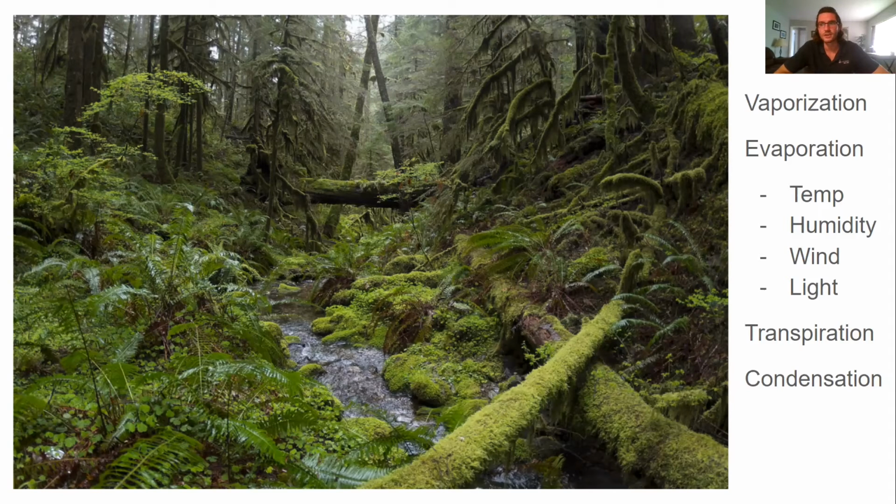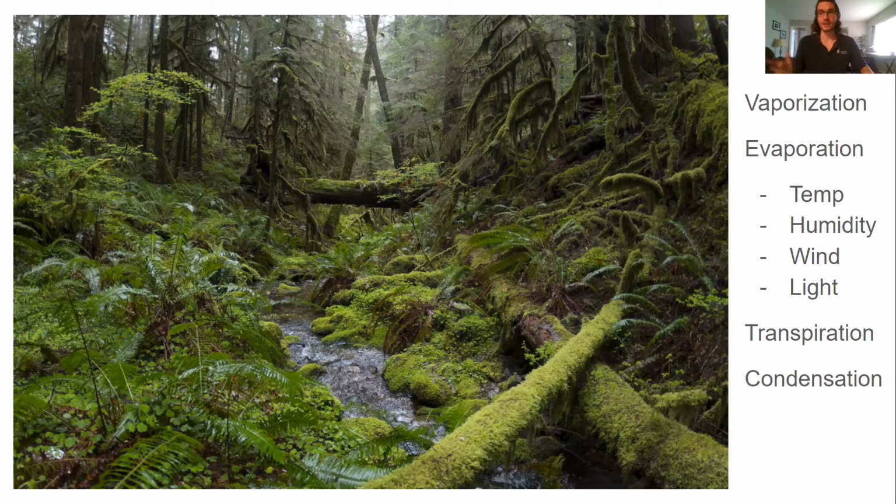Okay, and then wind is interesting. Wind is also going to increase evaporation because what wind is going to do is it's just going to blow water molecules further away. And as the wind is removing water from a system or an environment or any given space, that's going to open up space for more water to come into it, right? So that's another way of reducing how much water is present somewhere.